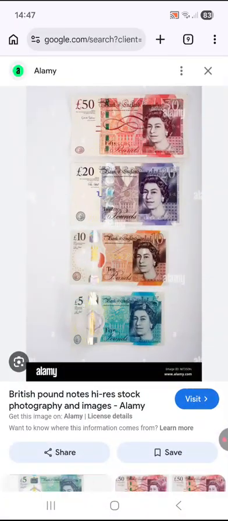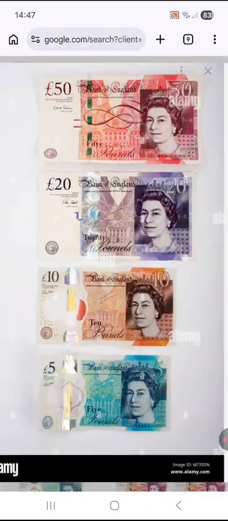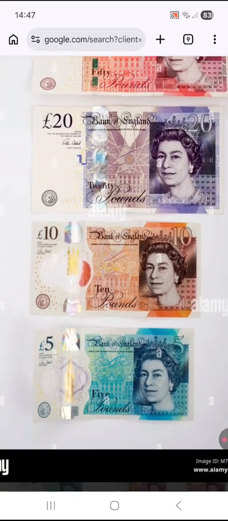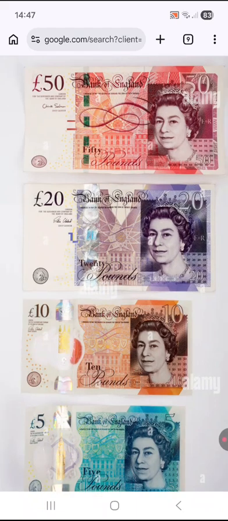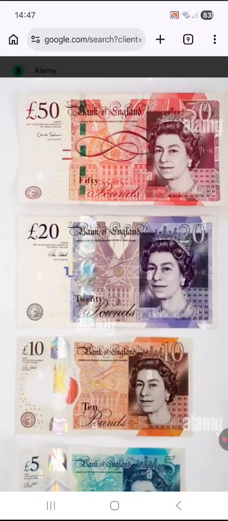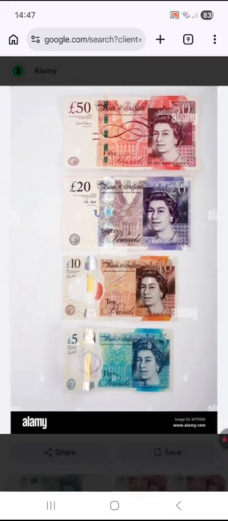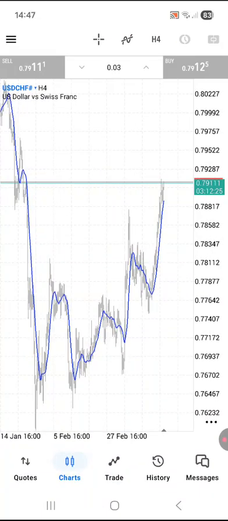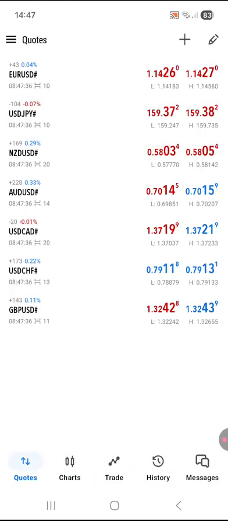British pound. This is the money that they use in Great Britain. London. These are the bank notes. £5, £10, £20, £50. They all have the Queen on there. Very beautiful, young. But that is the banknotes that they use in Great Britain, if you ever go to the UK. Let's see what the price is there.